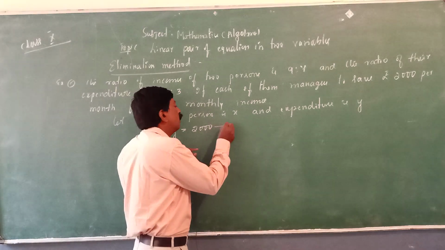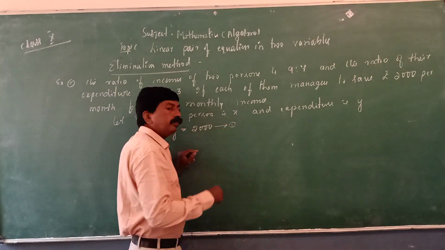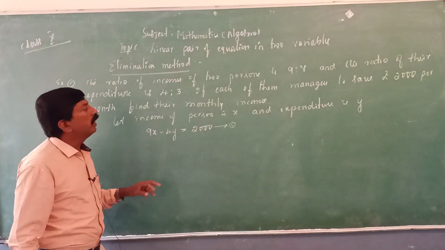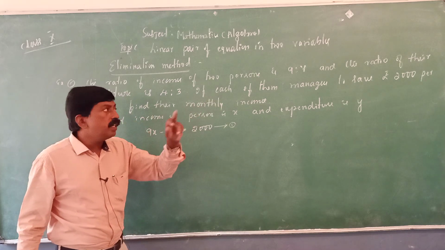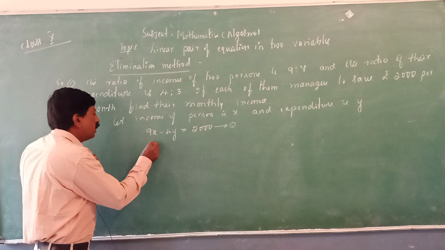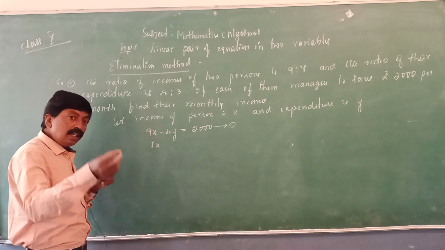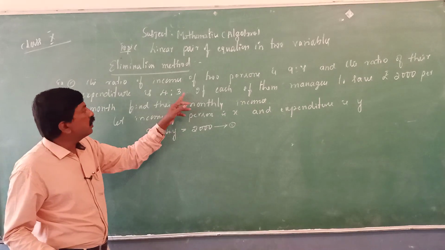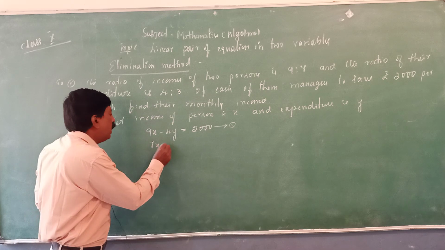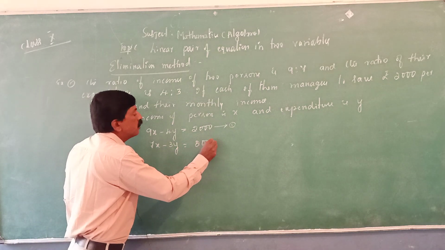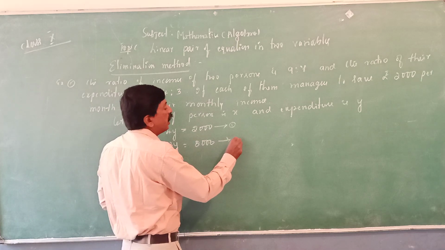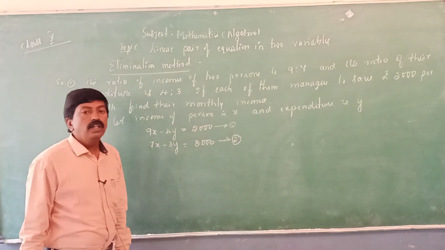Call this equation 1. In the same way, the income of the second person is 7x and his expenditure is 3y. He also saves 2000. Call it equation 2.